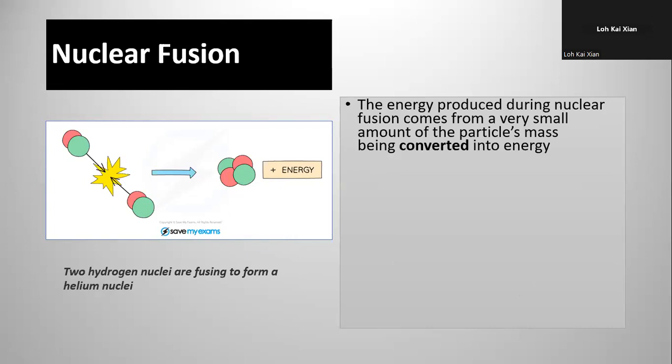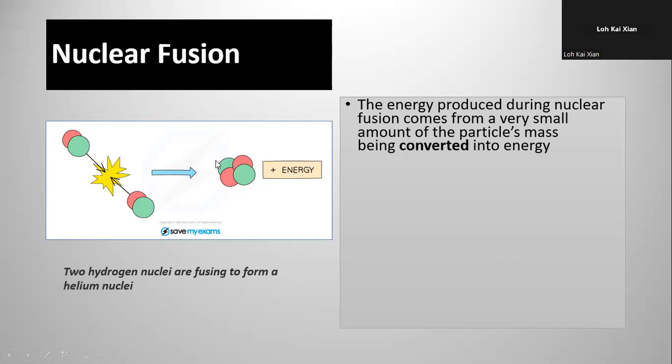Energy produced during nuclear fusion comes from a small amount of particle mass being converted into energy. What is happening? The total mass of these two deuterium is greater than the mass of the helium.